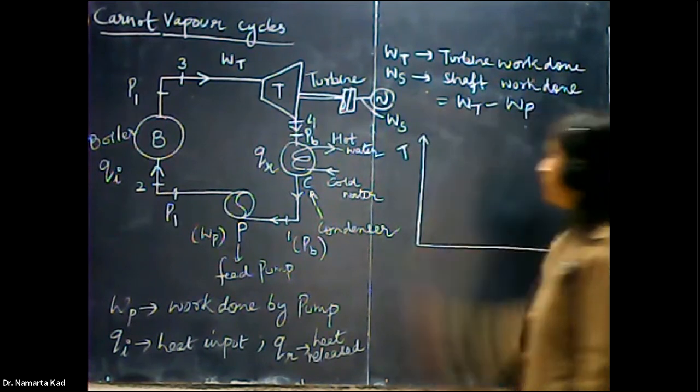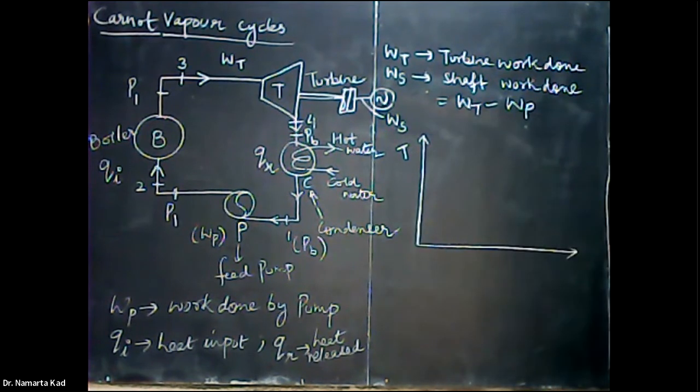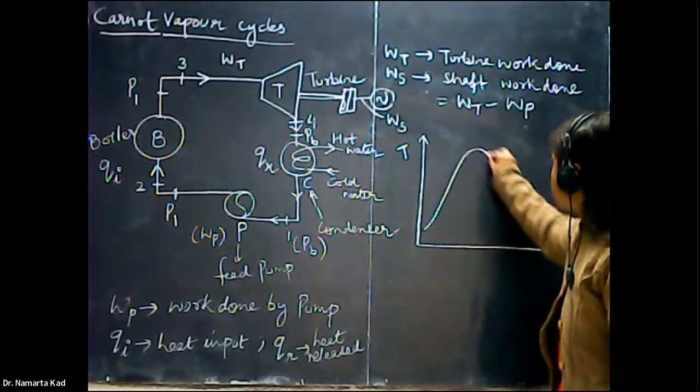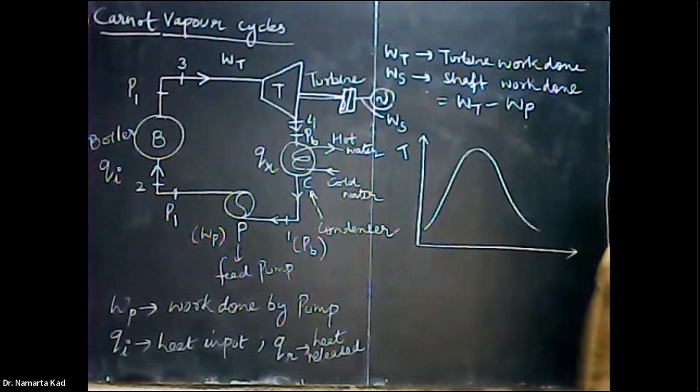Here it is the temperature T, and this is the type of the curve that is obtained in the vapor cycle.